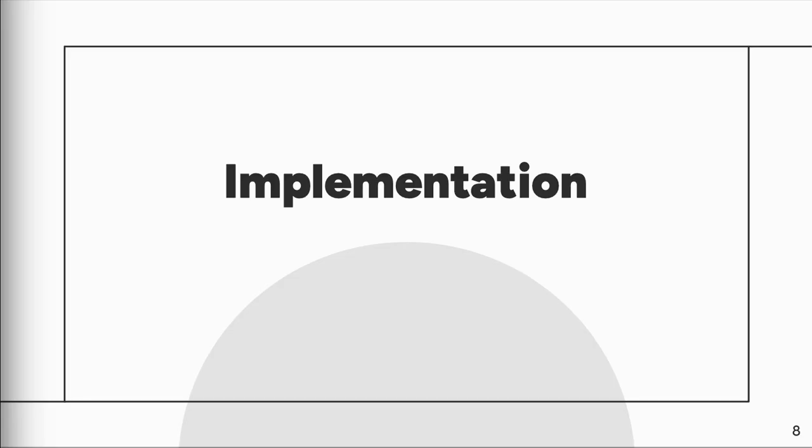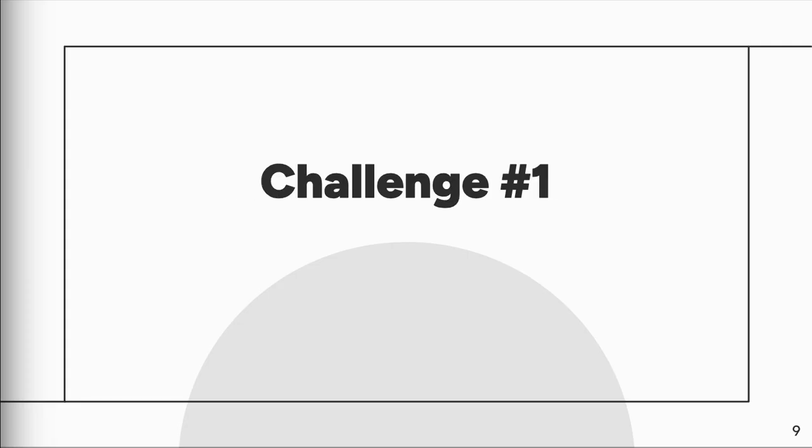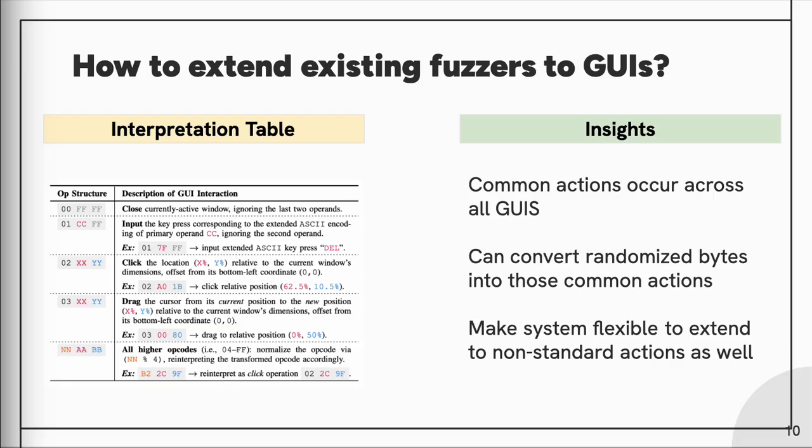So how do the authors actually implement this work? First, we will look at how the first challenge mentioned was addressed, which is how to make a desktop GUI actually interact with a fuzzer. So we need to know how to extend the existing fuzzers in order to provide inputs into a GUI in a meaningful way.